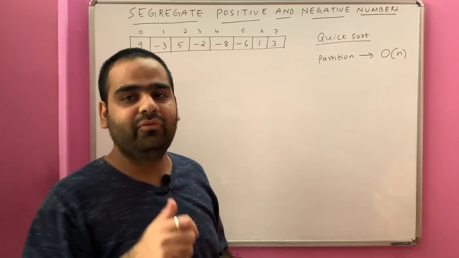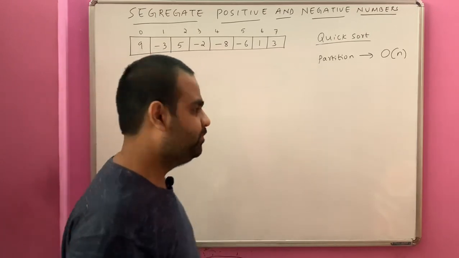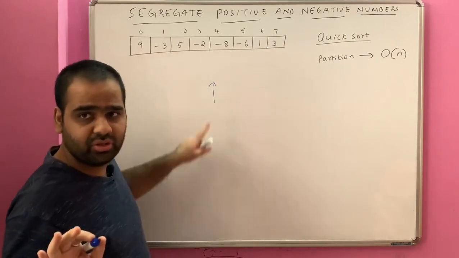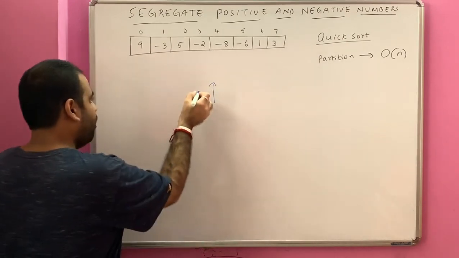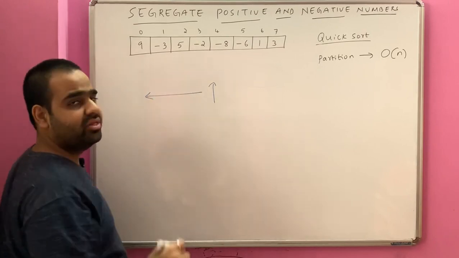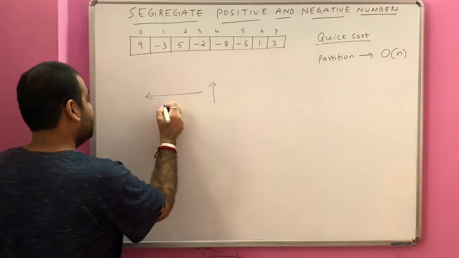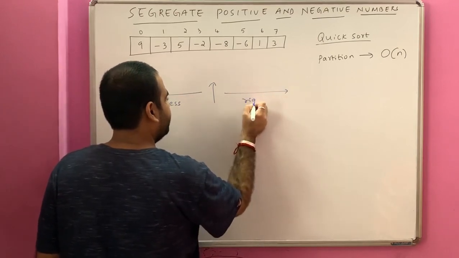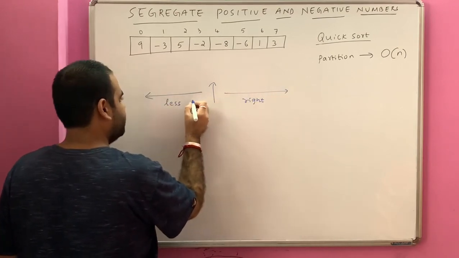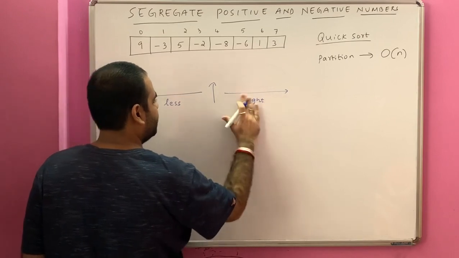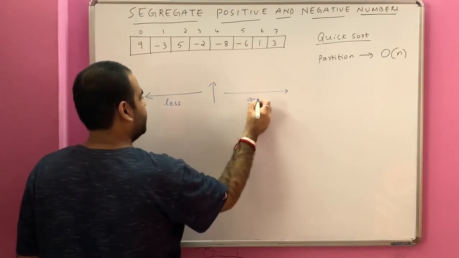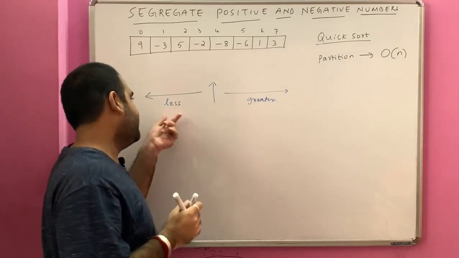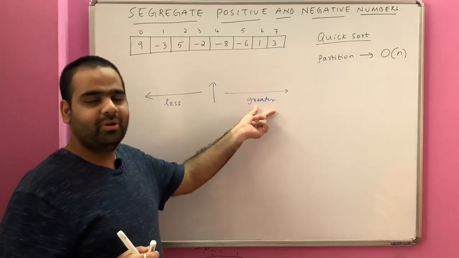With what value do we want to partition? See here. What is a partition index? Suppose this is a partition index, any index. All the elements on the left hand side of the partition will be less than this element, and all the elements on the right side will be greater than this element. Now we need all the negative numbers over here and all the positive numbers over here.